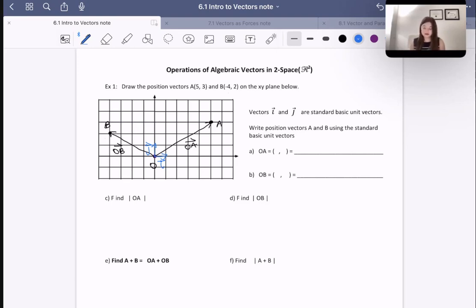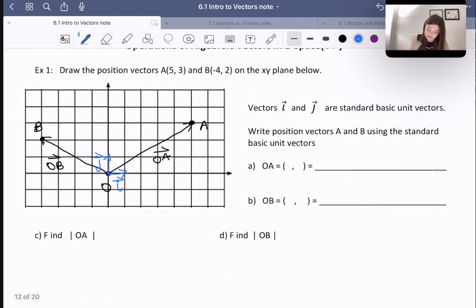Basically, we can write these vectors using the standard vector notation by saying that OA, which is 5 from the origin up to (5, 3), is the same as 5i plus 3j. Likewise, for OB, we can say this is the same as negative 4i plus 2j. Okay, and there we have it.